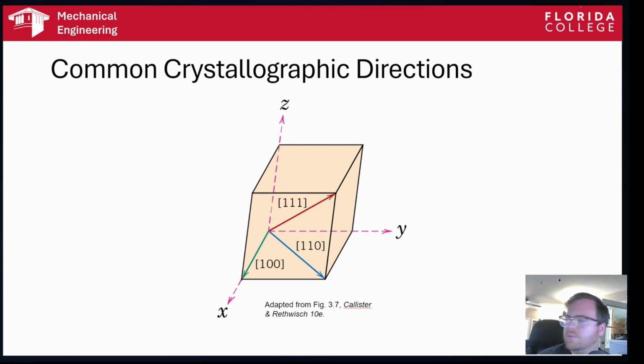Okay, so actually let me draw an example of that to make it more clear. So let's just say I've got a unit cell here.